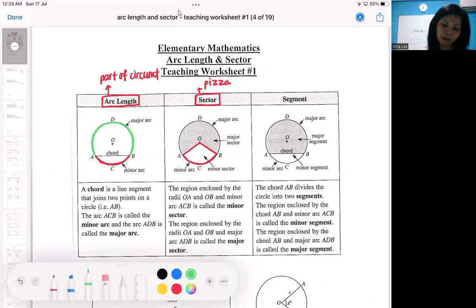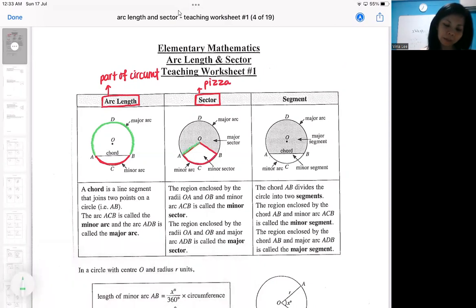And then we are left with whatever pizza is left, which is called the major sector. So be careful of the wording. They can ask for the major sector, they can ask for the minor sector. The minor sector is the small piece of pizza that you eat. The major sector is the one that you are left with.